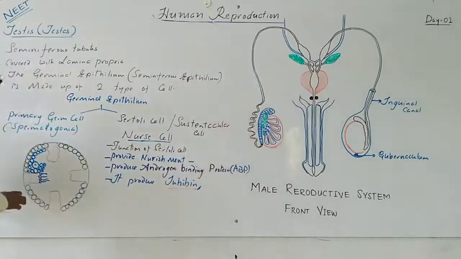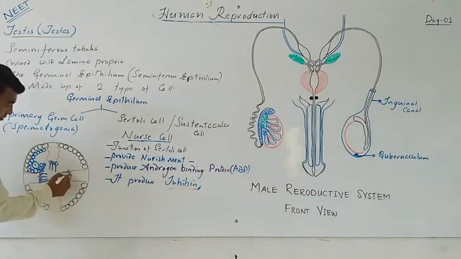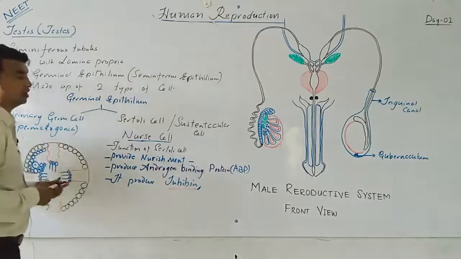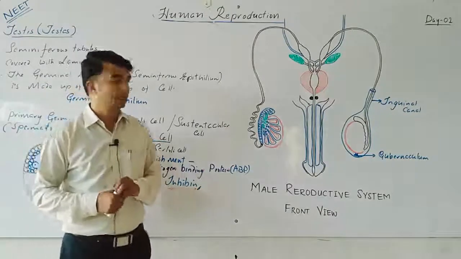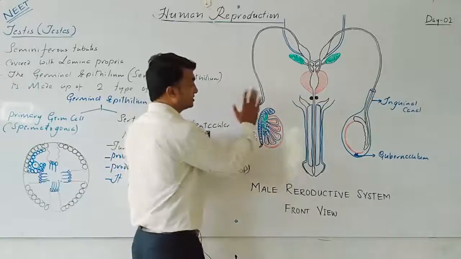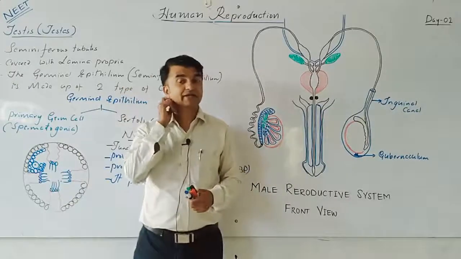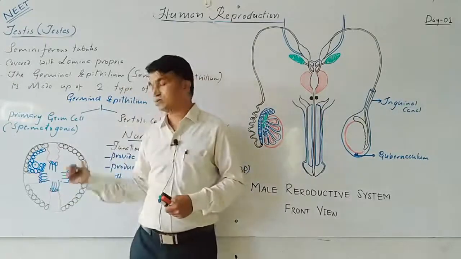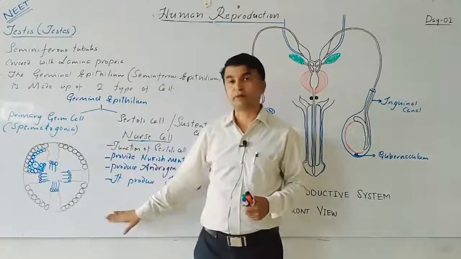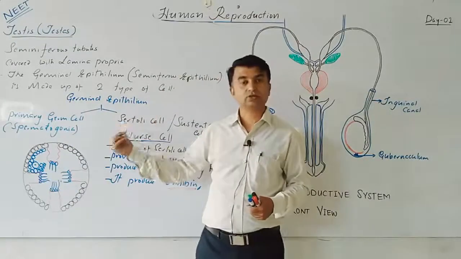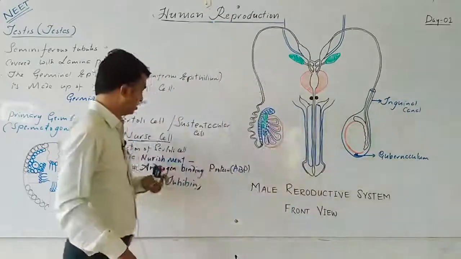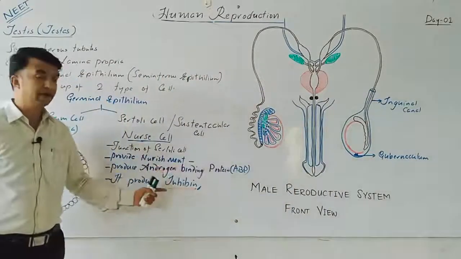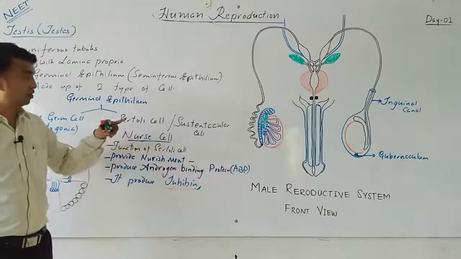So once the spermatozoa are produced inside the seminiferous tubule by spermatogenesis and spermiogenesis, it must be transported. Clear? So now the function of the accessory ducts and the accessory glands. So this is a function of the testis, where spermatogenesis takes place and testosterone is produced from the Leydig cell, and the androgen binding protein and inhibin are produced by the nurse cell or the Sertoli cell.